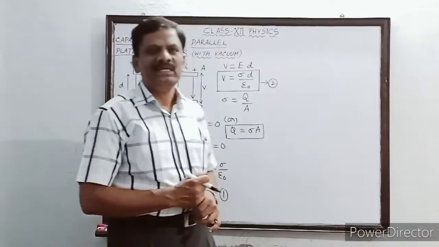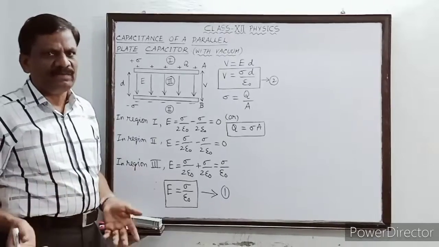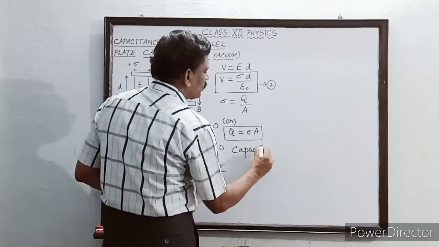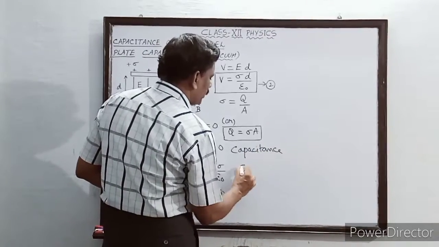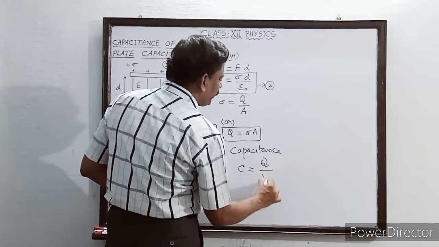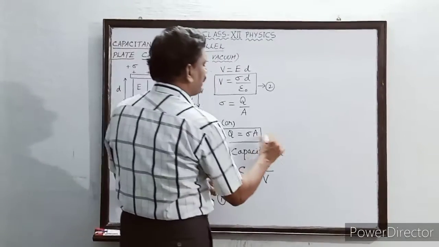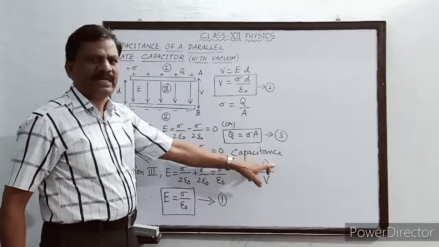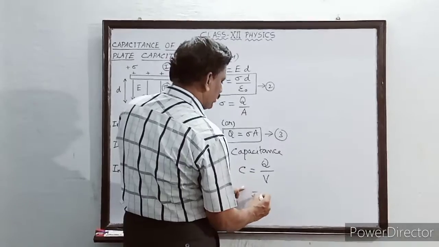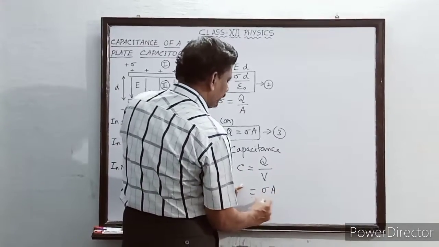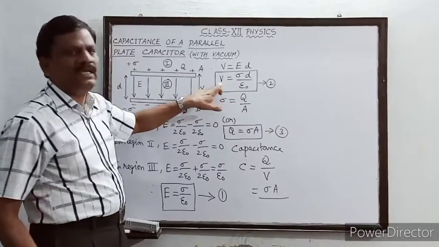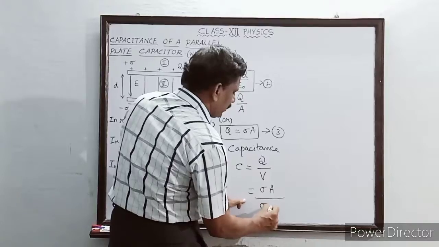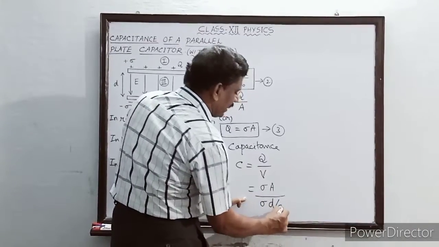Now what is the expression for the capacitance of a capacitor? We have defined earlier, capacitance C is equal to Q by V. So we will substitute. From equation 3, Q is equal to sigma A. So C is equal to sigma into A divided by, from equation 2, V equal to sigma d by epsilon naught.